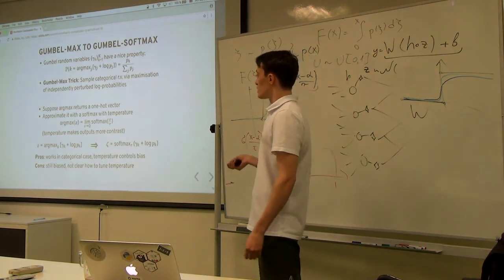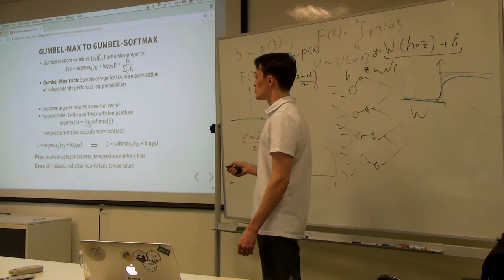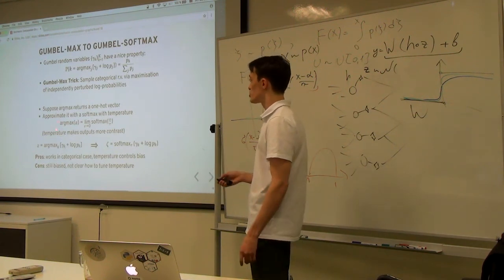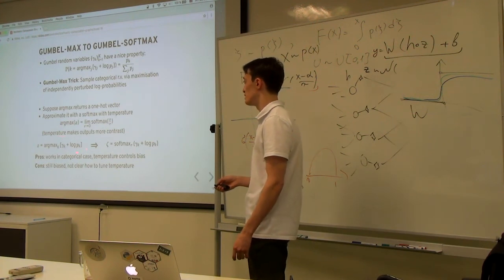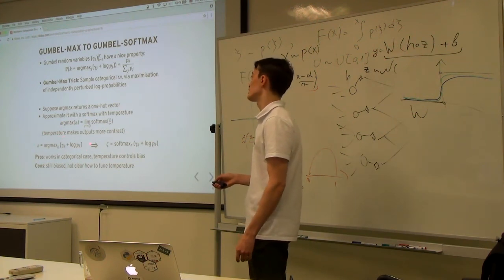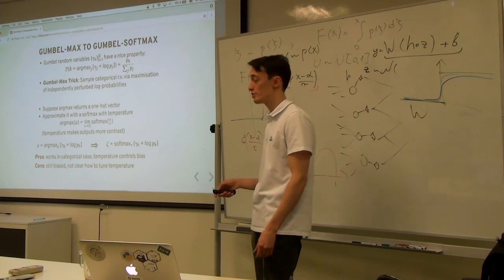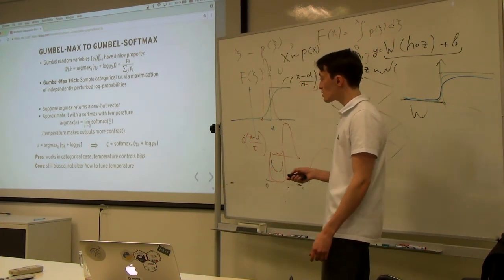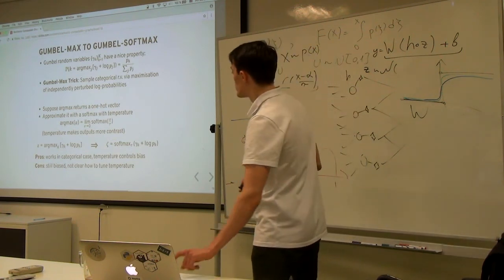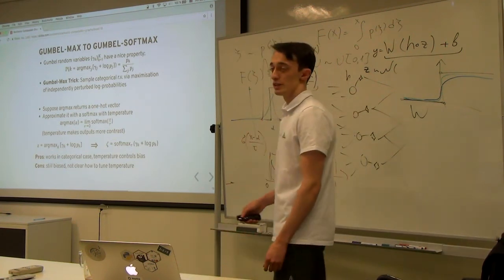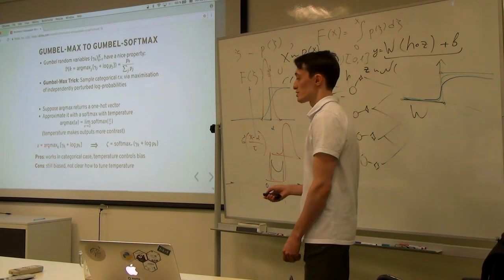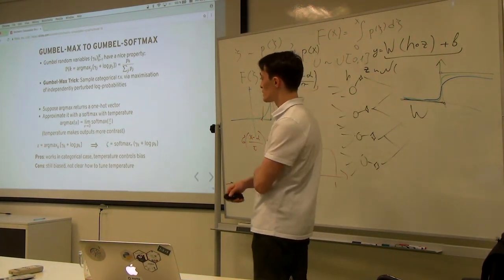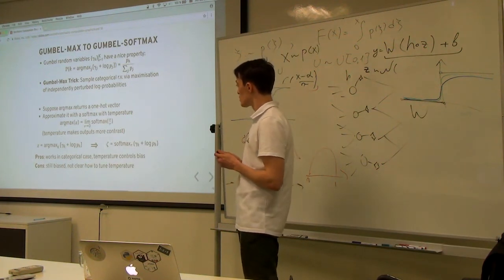So what this scheme proposes is to just replace your categorical random variables, whose whole sampling process can be expressed like this. This is actually a reparameterization for the categorical random variables, but it's not differentiable because argmax is not differentiable. But if we replace it with a softmax, it will become differentiable.